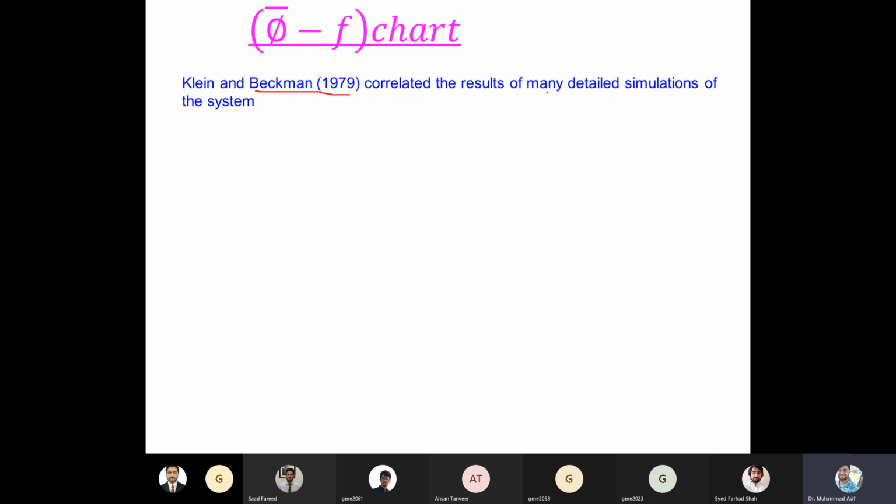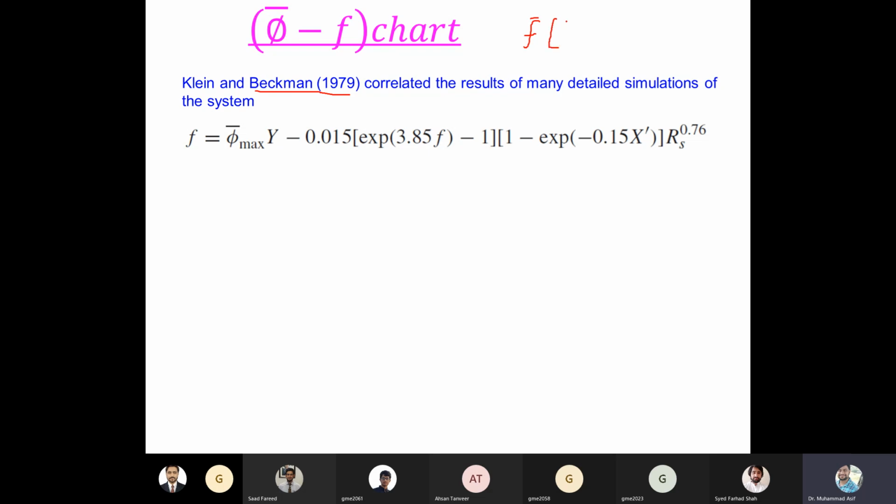Through many detailed simulations of the system, he presented that the solar load fraction can be represented by this correlation, right? Previously, when we studied the F chart, it was just a function of two variables only. One was PL, another was PS. PL was the load parameter, and PS was the solar parameter.